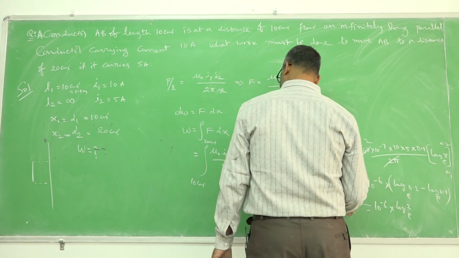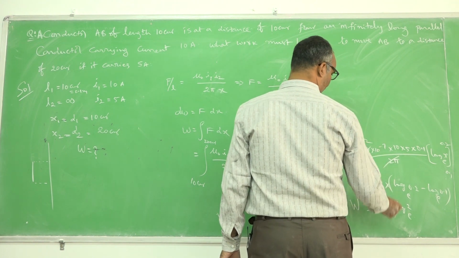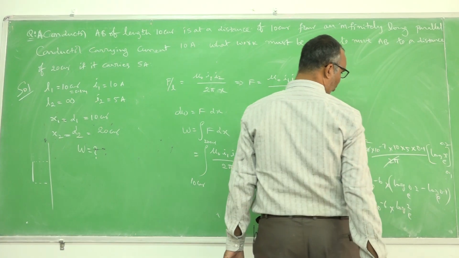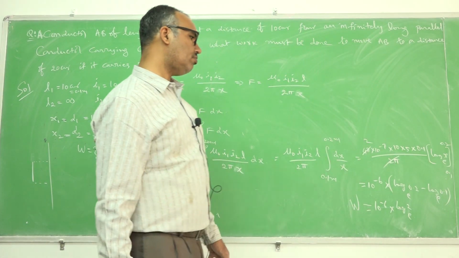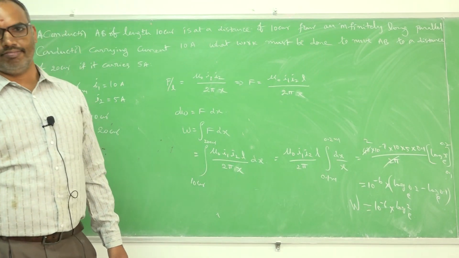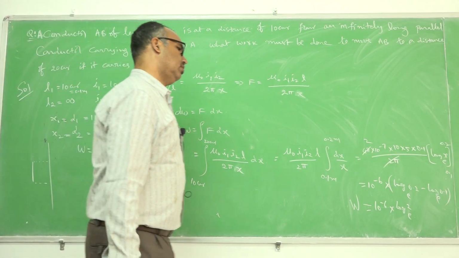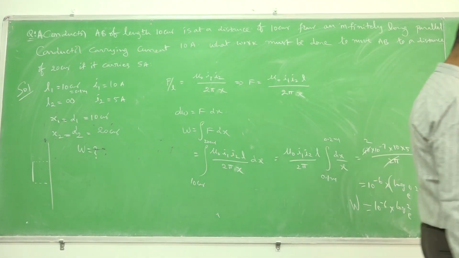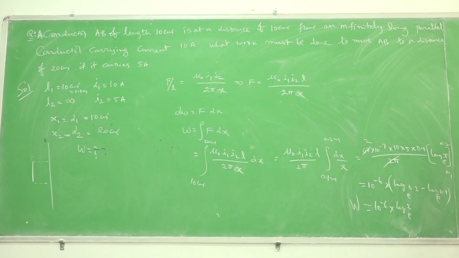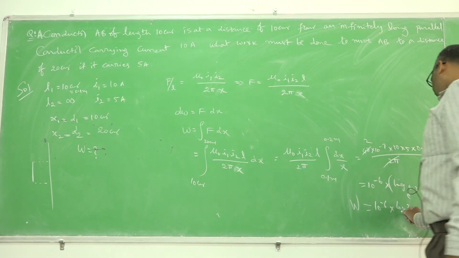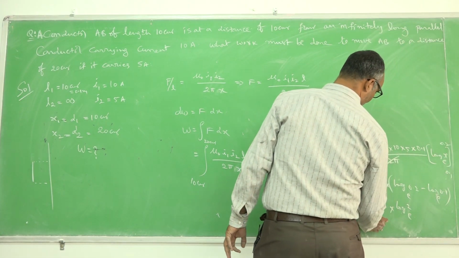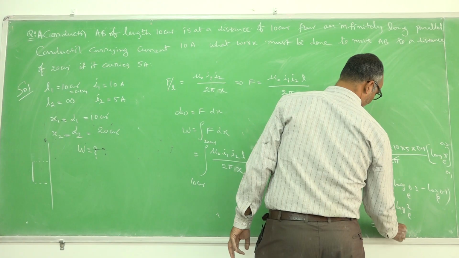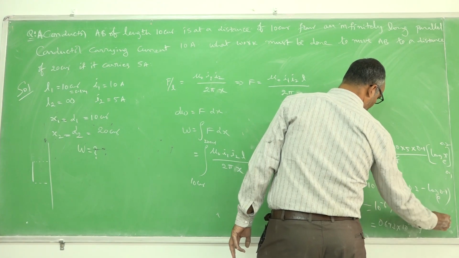This is the work done. If you want, you can substitute the value of log 2 to the base e. The solution is quite simple. Log 2 to the base e value is 0.693. So its value is 0.693 into 10 power minus 6 joules.